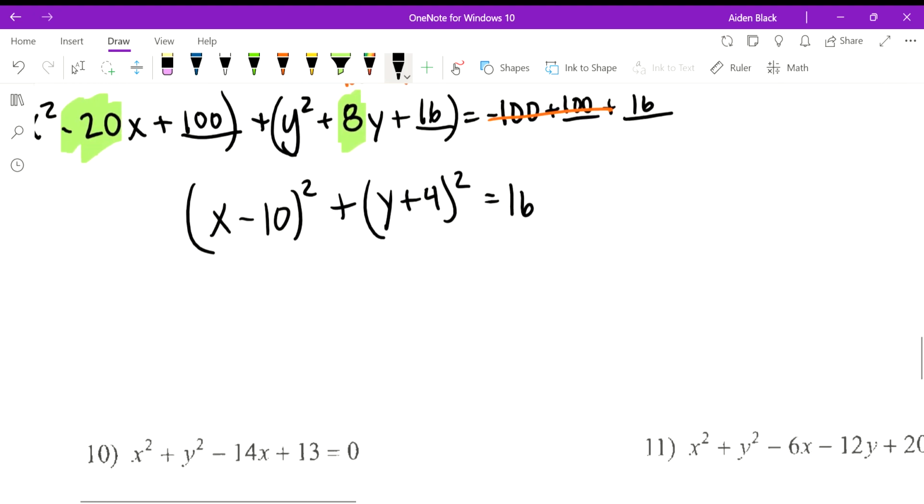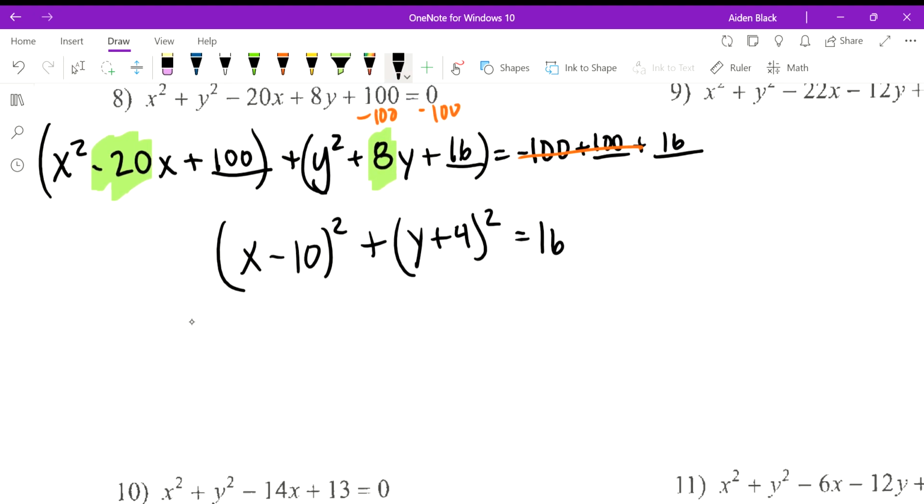There's my equation. I think I'll make a video explaining this more in depth. So we know that the center is 10 comma negative 4, and the radius equals 4, because the radius squared is 16. Okay.